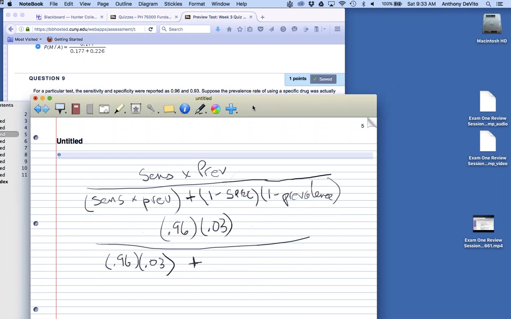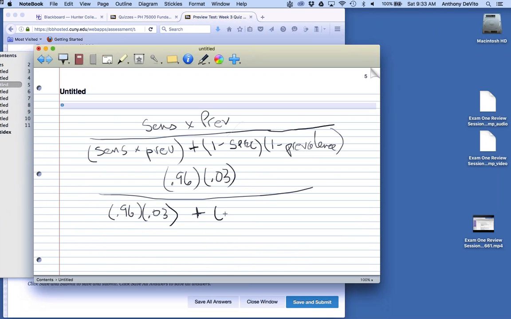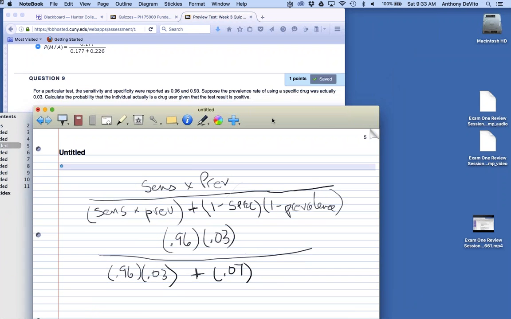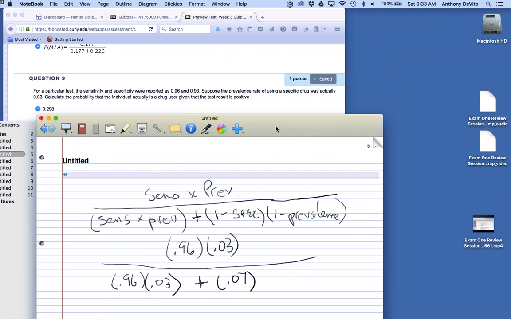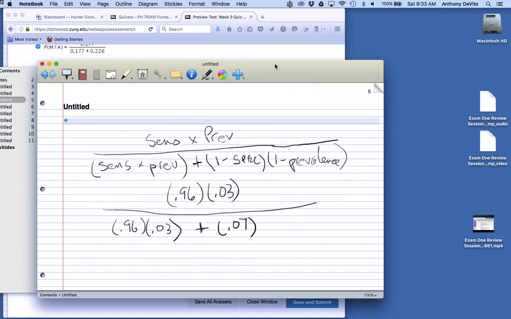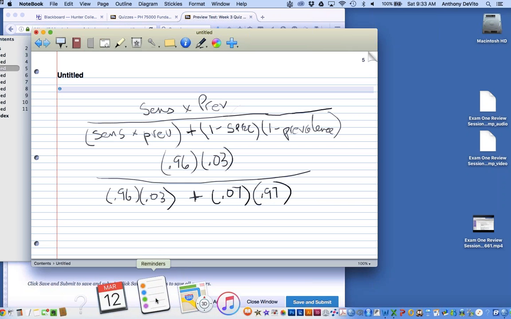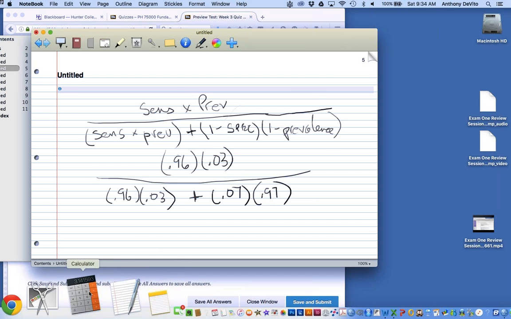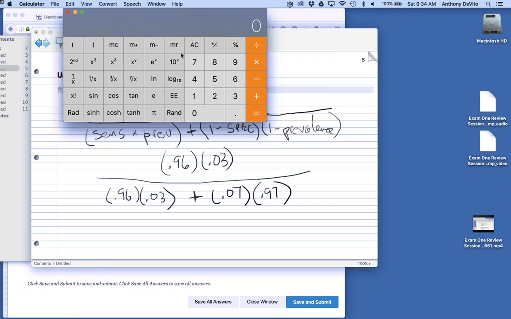The specificity was 93%, so that's going to be 0.07, times 1 minus the prevalence. The prevalence was 3%, so 1 minus the prevalence is 0.97. Okay, everybody happy with those numbers? Interrupt me if I get it wrong, because if I get this right the first time, it'll be the first time in about 8 semesters. Okay, I've been lucky this semester.